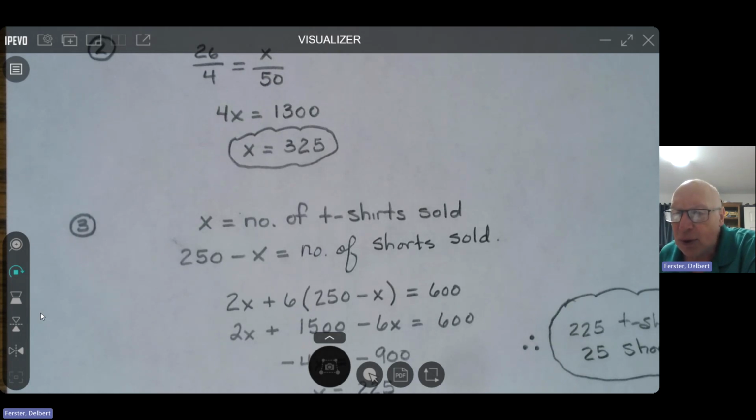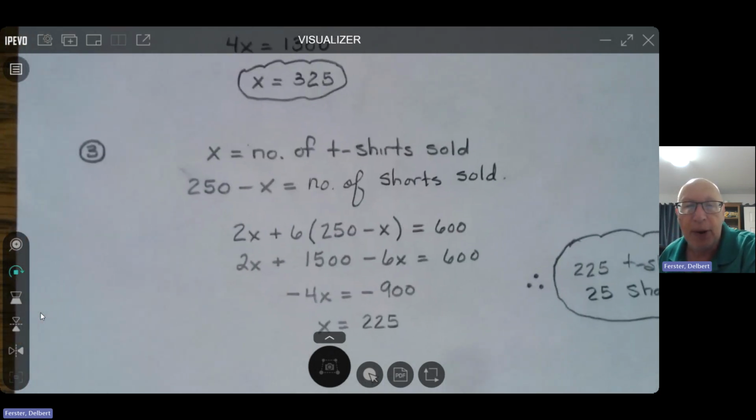The dollar value is the basis for our equation. We realize that each t-shirt brings in $2. So that's the 2 times x, $2 for each t-shirt sold. In addition to that, we'll make $6 for each set of shorts that we sell. So you'll see the 6 times the quantity, 250 minus x, and the total of that money is $600.